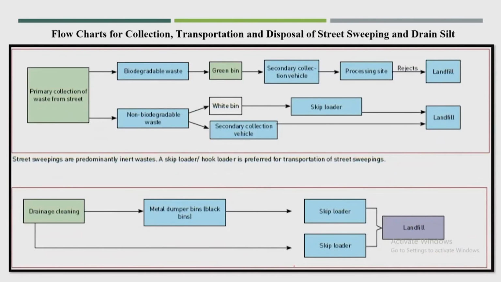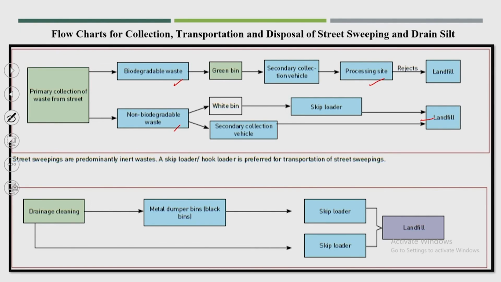Now, this is a simple flow chart for the collection, transportation and disposal of street sweeping. Once you do the primary collection, you may get some biodegradable matter which will go to the processing site, or can be added to the composting facility. Non-biodegradable waste can be properly landfilled, or used for filling low lying areas.